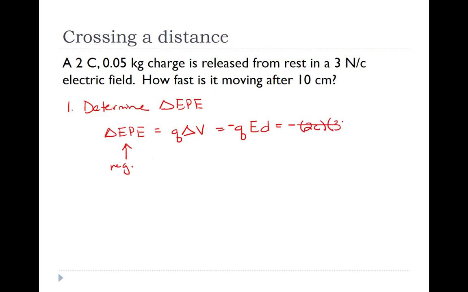My field I'm given as 3 nanocoulombs, and the distance is 10 centimeters, which is 0.10 meters. And if you multiply that all out, you get a change in electric potential energy of negative 0.6 joules.